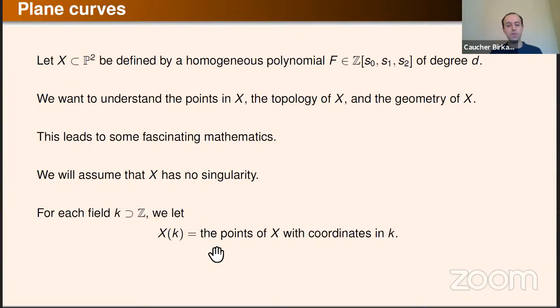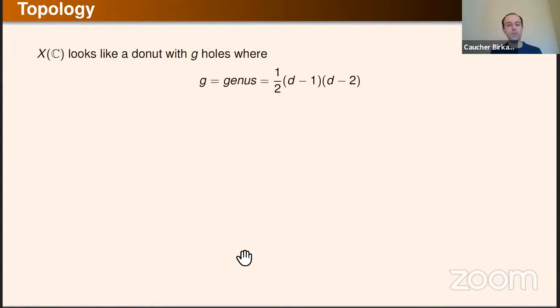I take this to be the set of points of X with coordinates in K. Depending on what K is, we will get a different set of points. The space will actually be different. K can be, for example, the rational numbers, or the complex numbers. Depending on the field, we get different spaces. But somehow the geometric properties of these spaces will be more or less the same, even if you change your field.